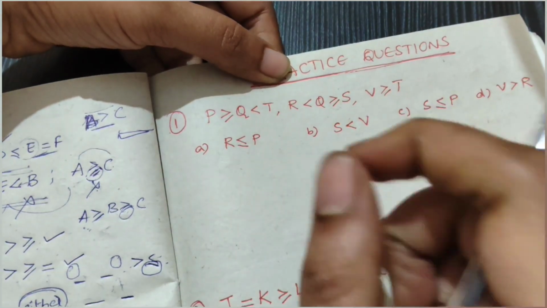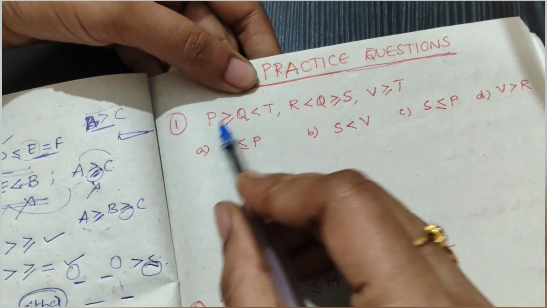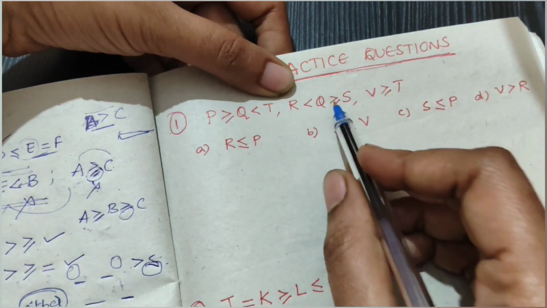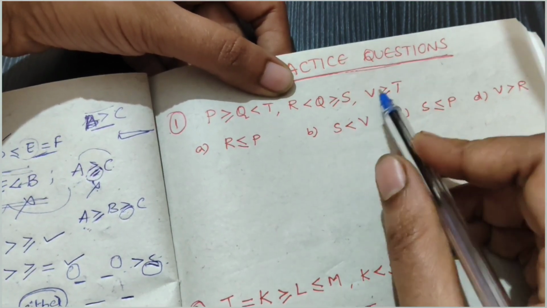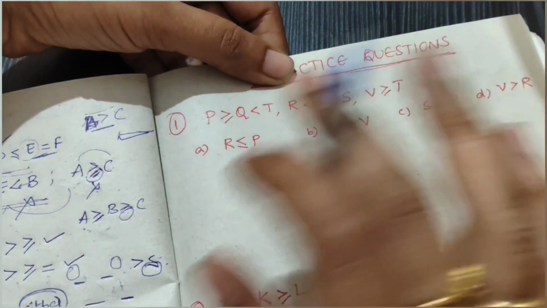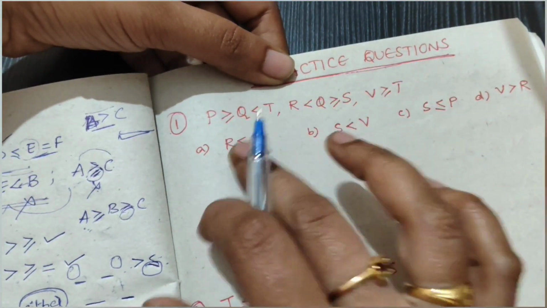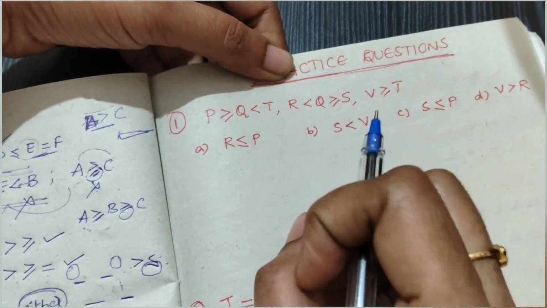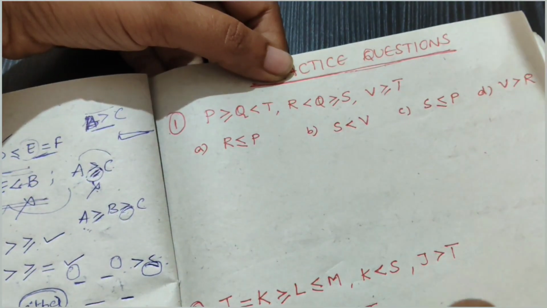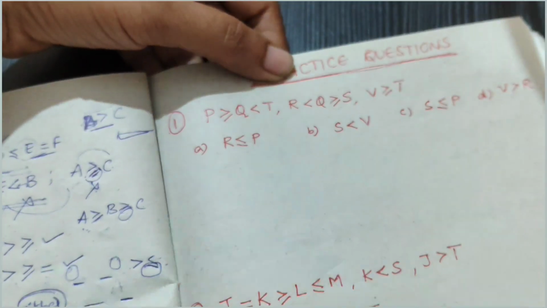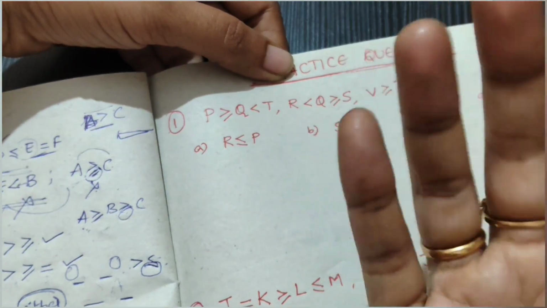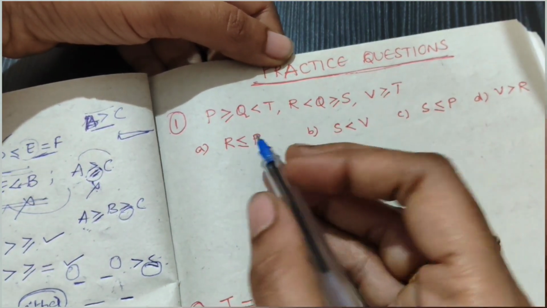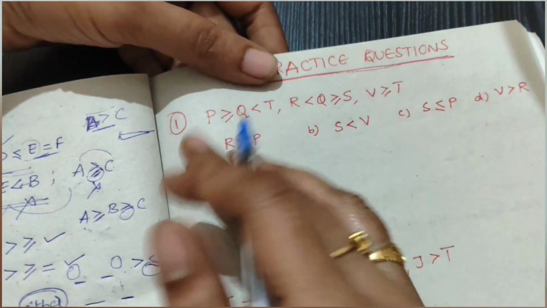For example, p greater than or equal to q less than t, r less than q greater than or equal to s, v greater than or equal to t. Based on the conclusions, we will combine these three. Whatever is required we will do. When you practice more questions, automatically your mind will attempt them even without pen and paper.